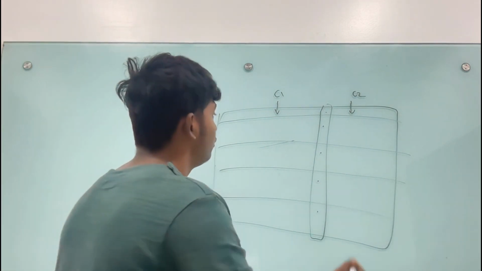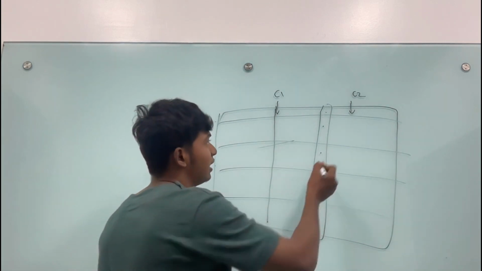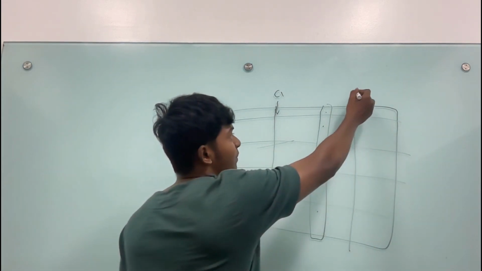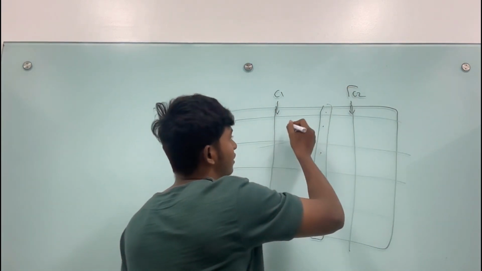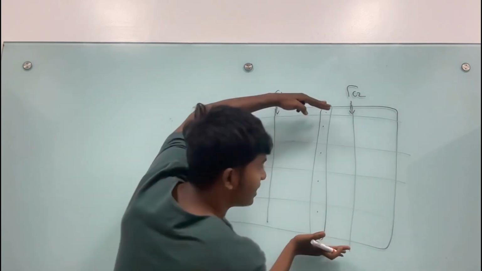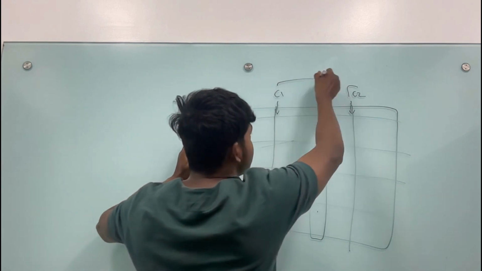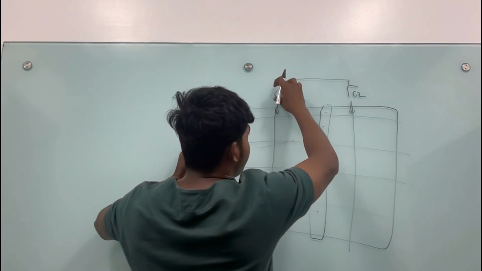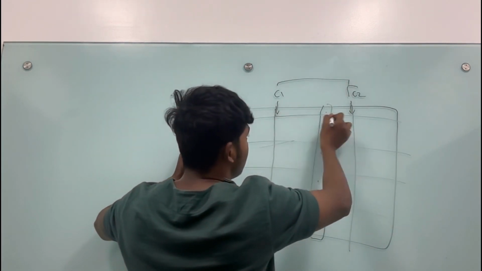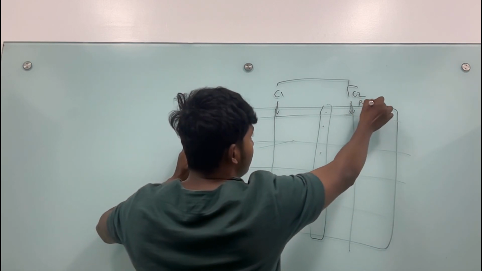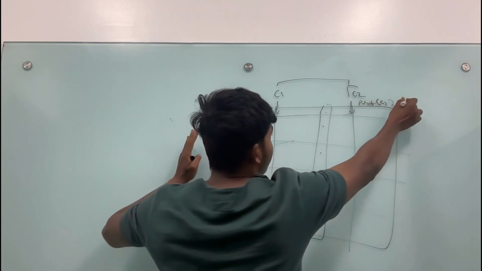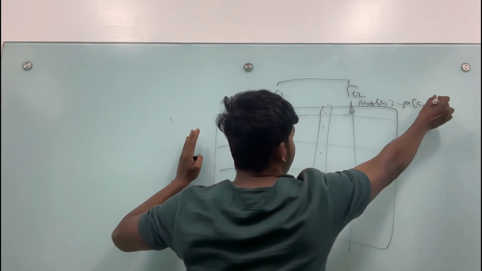For that, imagine this being like this. Then it's just like an array. The sum of this portion in each row is just prefix of c2 minus prefix of c1 minus 1.